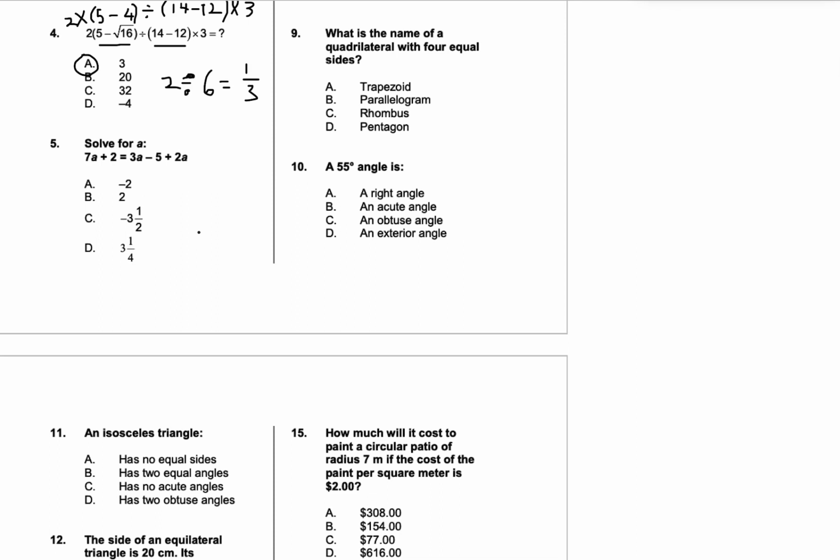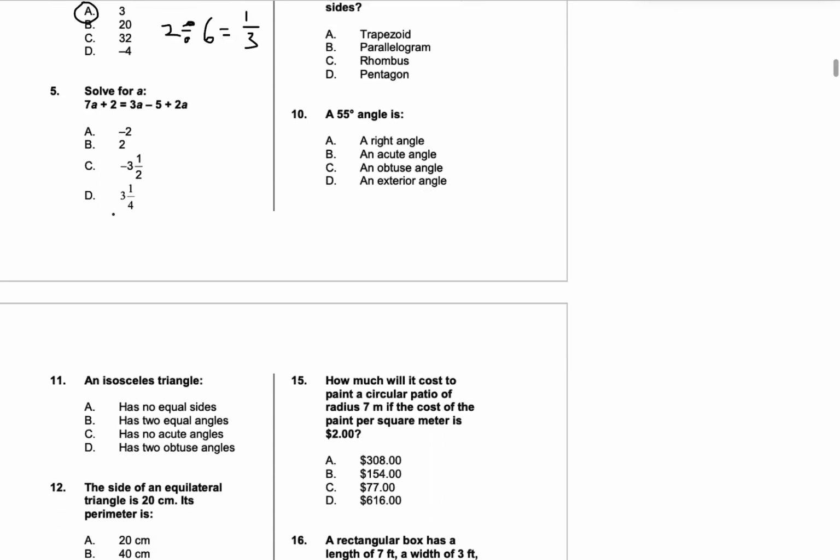And then this is just an algebraic simplification. So number 5, we can add like terms, right? So to solve for A, we add or subtract like terms, essentially just simplifying this problem. So maybe the first thing we can do here is subtract this 2 from the left side to the right side.